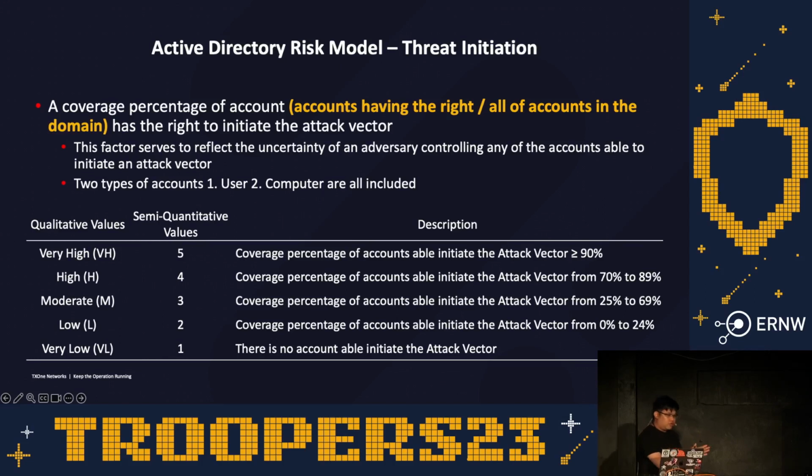The definition of threat initiation is what percentage of users can initiate this attack vector. If more than 90%, we define this as very high, and the semi-quantitative value will be 5. It depends on what percentage of users can initiate this attack vector. We have some examples later.